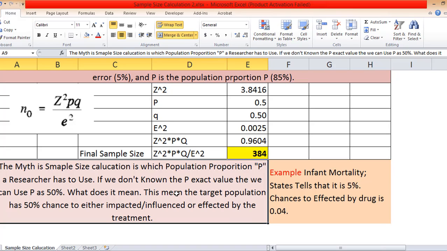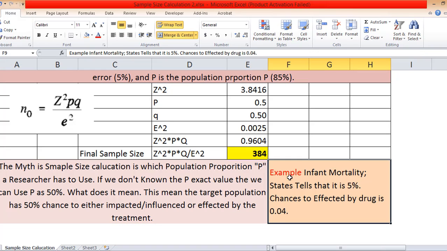P can also be obtained from studies which were conducted previously on the topic you are interested in, or national statistics can also be used.